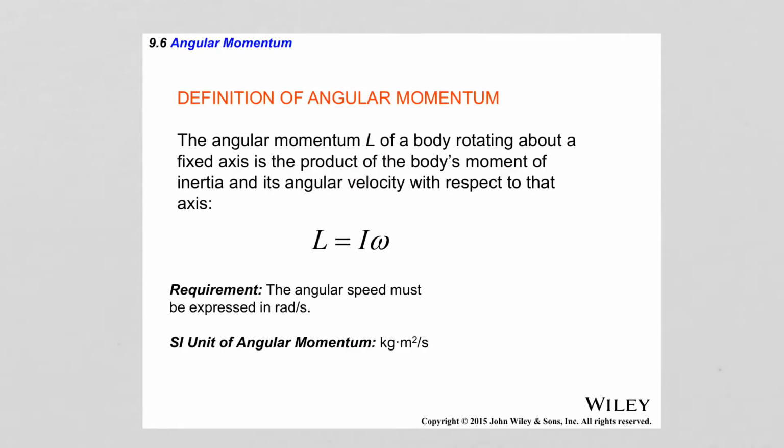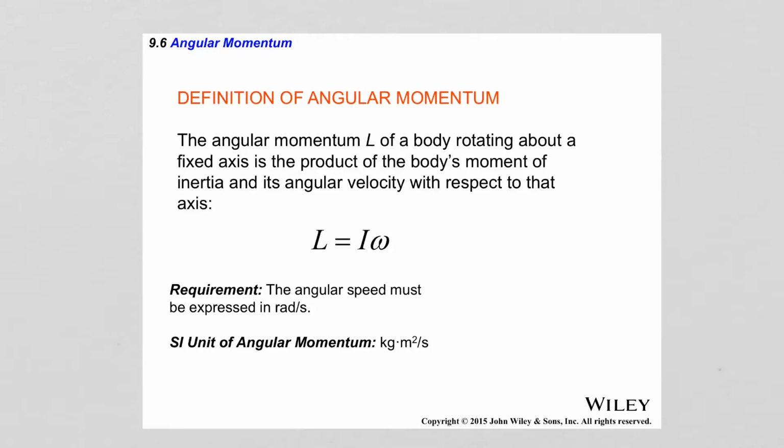So we have one more thing to discuss. We need to find the analog of linear momentum for rotational motion. The analog for linear momentum is the angular momentum. The angular momentum, L, of a body rotating about a fixed axis is the product of the body's moment of inertia and its angular velocity with respect to that axis.